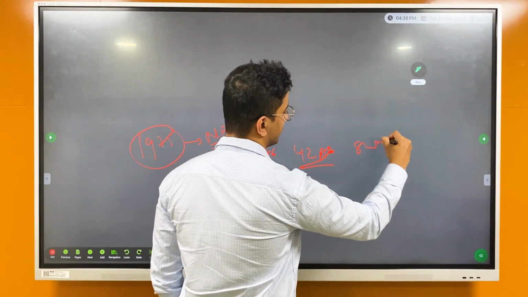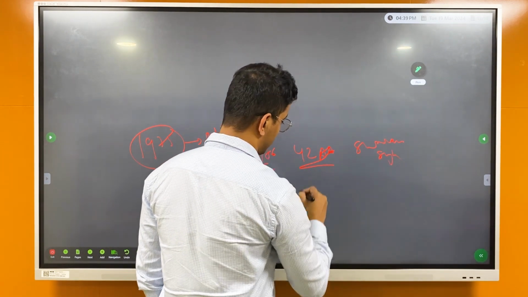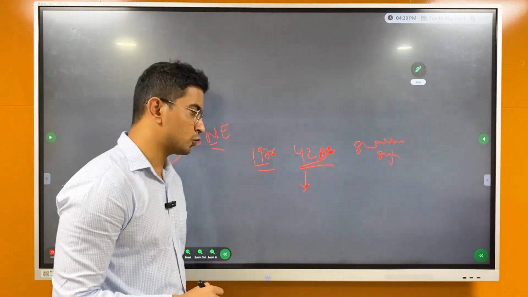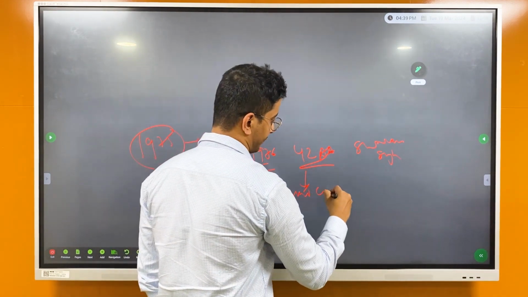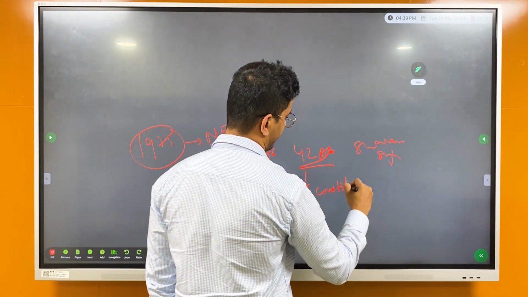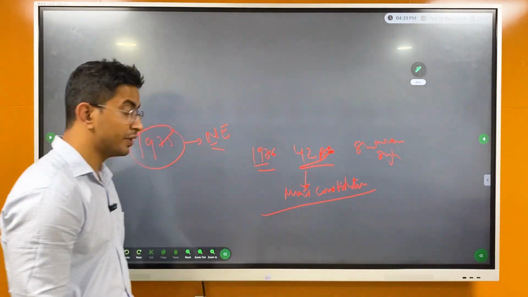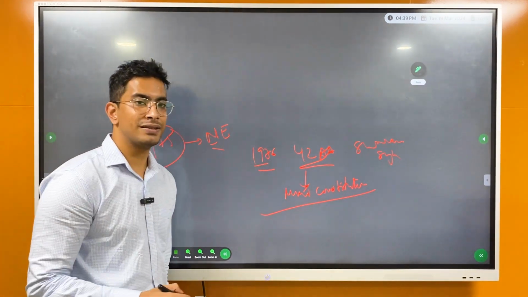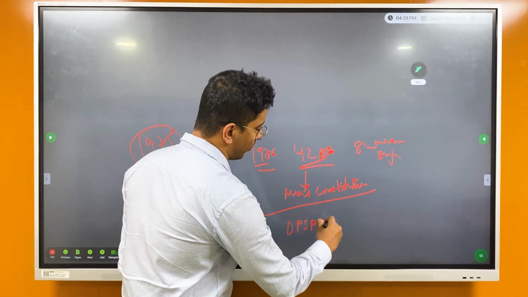Swaran Singh Committee. This is even called as mini constitution. Here, it gave precedence to DPSP over fundamental right.